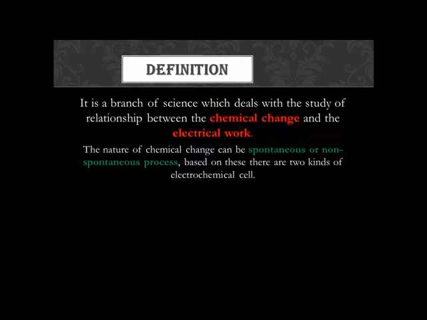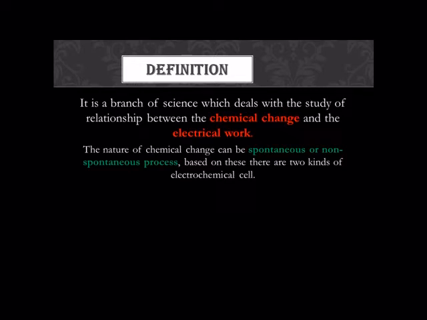So what do we mean by spontaneous? Spontaneous means the process which occurs by its own ability. It does not require any external agent to make something happen. The energy for that is generated by its own potential, so it has the ability to develop the energy by itself, and it transforms one form of substance into another form of substance.